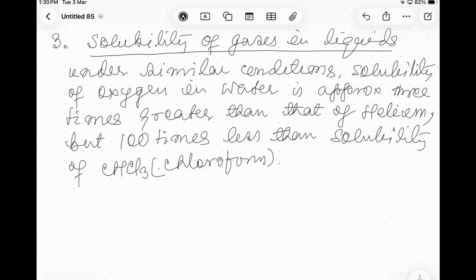Considering the role of solvent structure, solubility of oxygen in liquid hydrocarbon. Take another example.